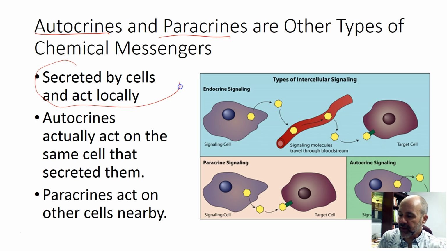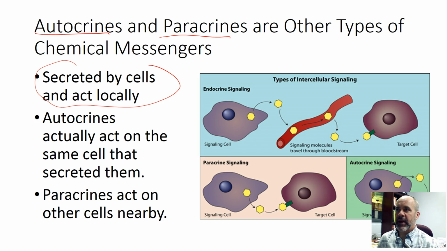Now what these two have in common is they act locally. So they're produced by cells, not necessarily a particular gland, but maybe just individual cells. They're secreted outside of those cells, and they stay in a local area. They act in a local area, so they're not going to get in the blood and travel way off elsewhere in the body and cause changes or responses far away from where they're made.